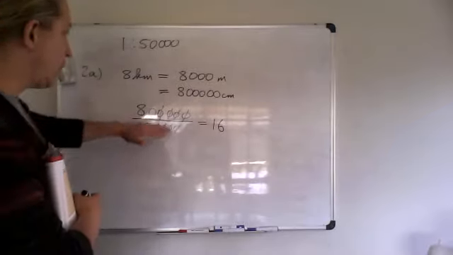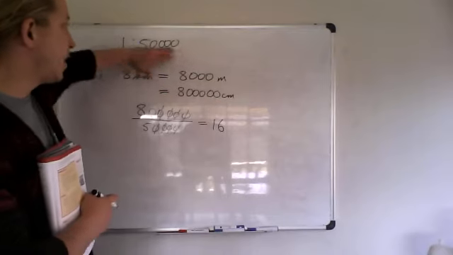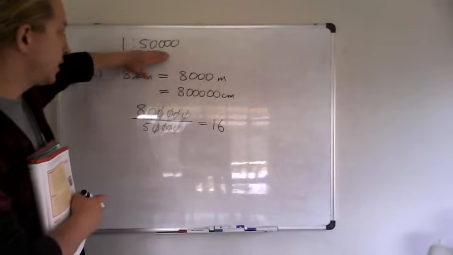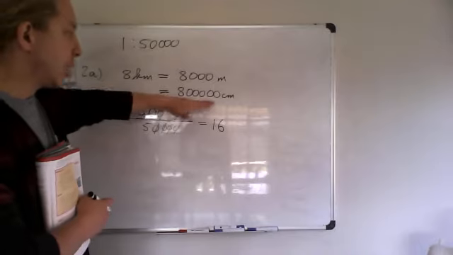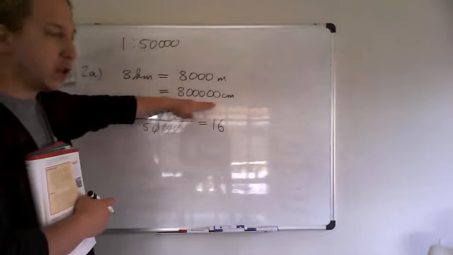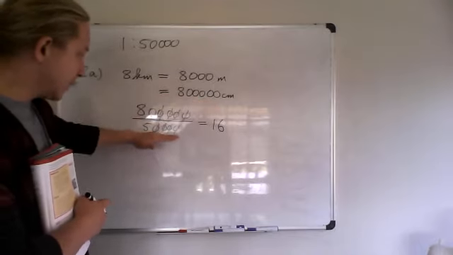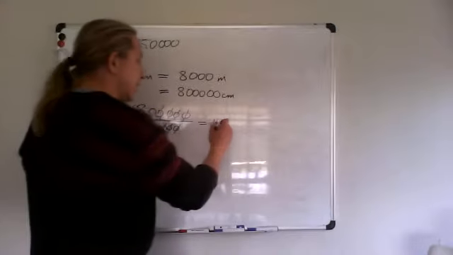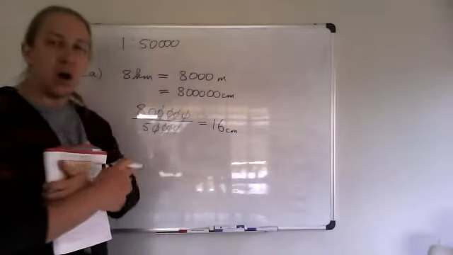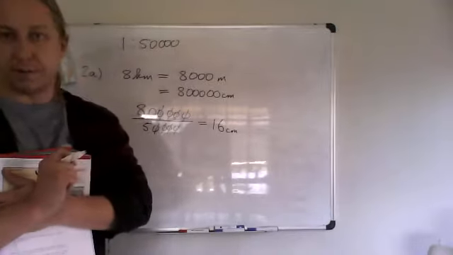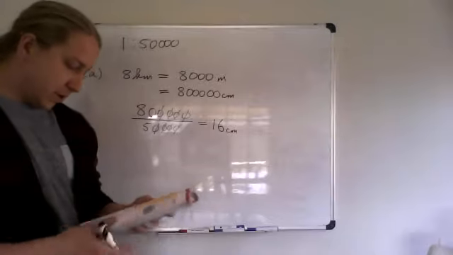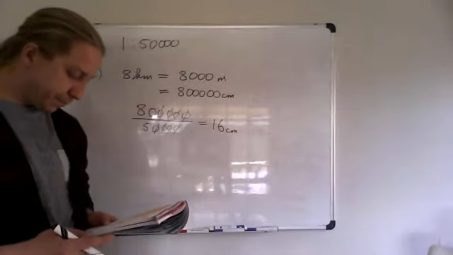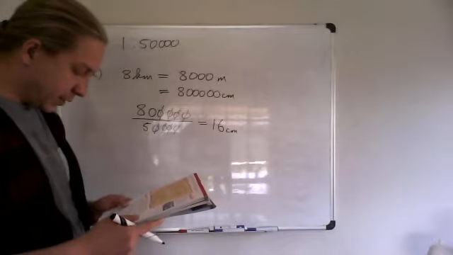Well, we had centimeters, we divided it by the scale, so the answer should still be in centimeters. So 800,000 centimeters on the ground, when we apply the scale to it, gives us 16 centimeters on the map. Okay, cool guys, so that's what I want.